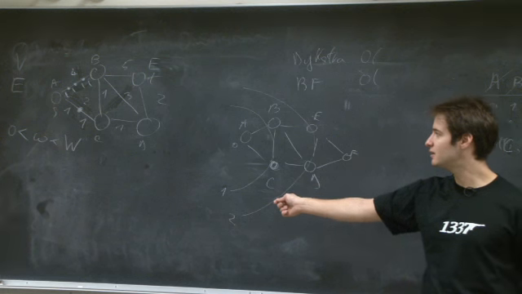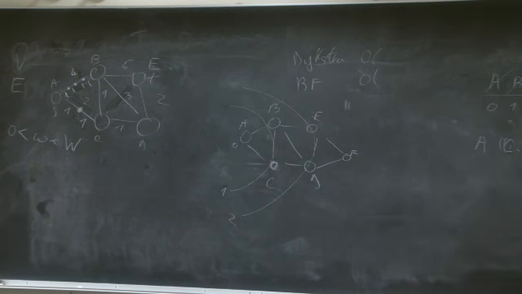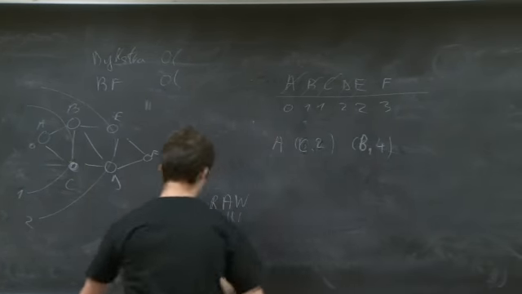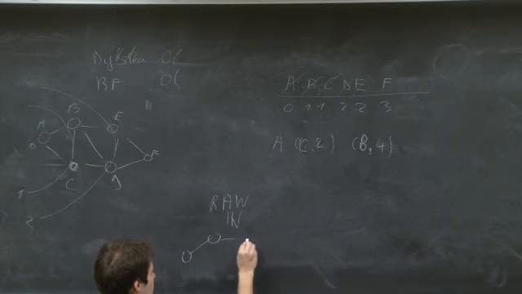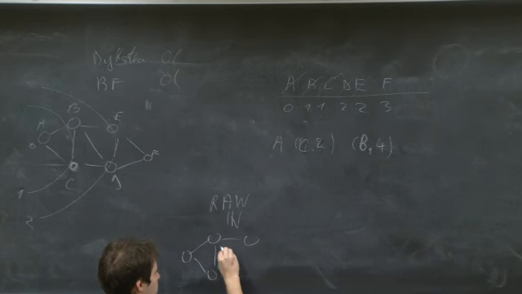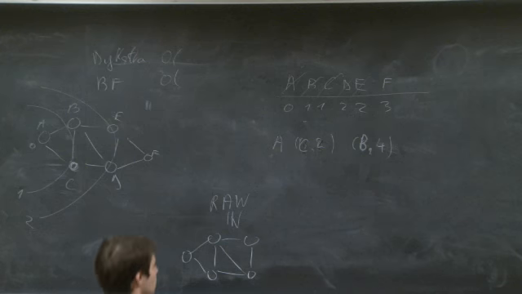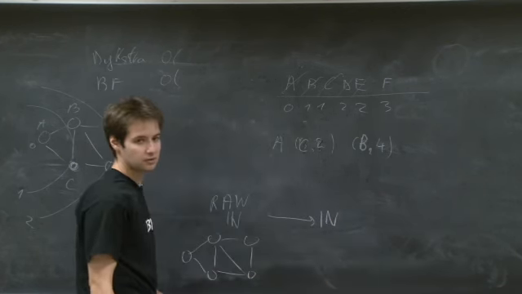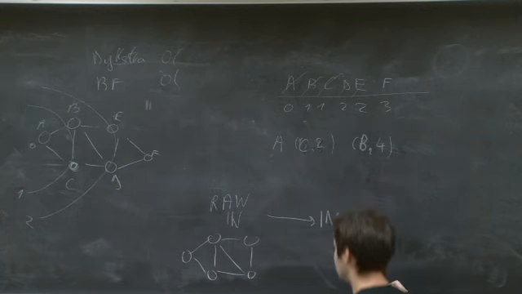However, what happened here is that we have some problem that we want to solve. Say we have the raw input for that problem that we're trying to solve. That is this graph that I drew on the board. And we apply some transform. And we get an input that's suitable for an algorithm that we already know.